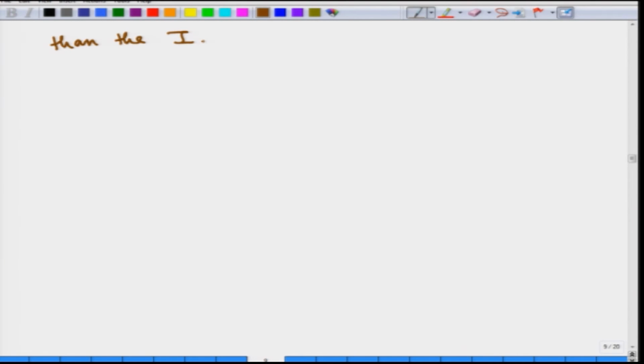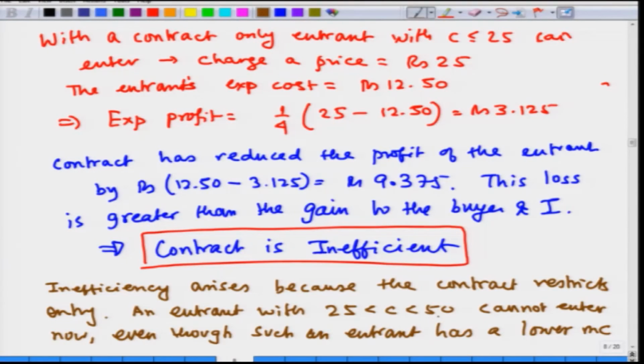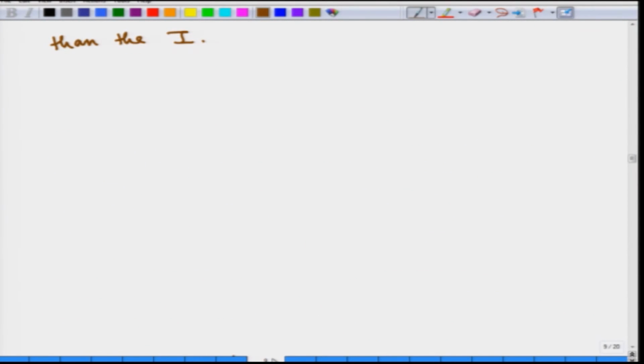Yet such an entrant cannot enter because of the contract which is written between the incumbent and the buyer, right. So, an entrant who was more efficient than the incumbent, because the incumbent's marginal cost is 50, yet because of the contract such an entrant cannot enter, right.